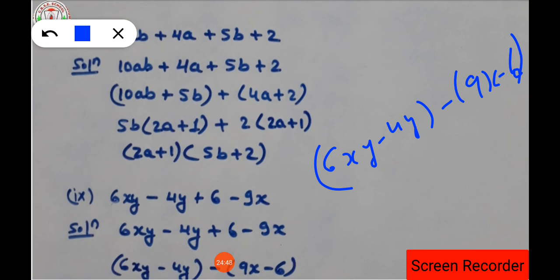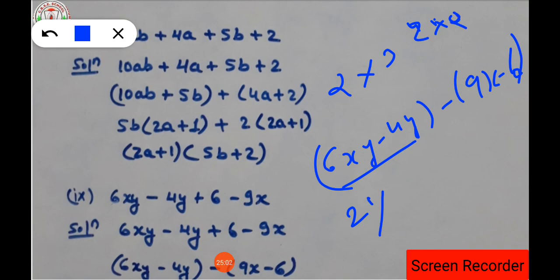Okay, so here we can take the common as 2 because 6 can be written as 2 into 3 and 4 can be written as 2 into 2, isn't it? So 2y can be taken common. What is the number left out? That is 3x minus 2, isn't it? In the same way here also we can take it as a common. That is an incomplete answer over here, so I am solving here.